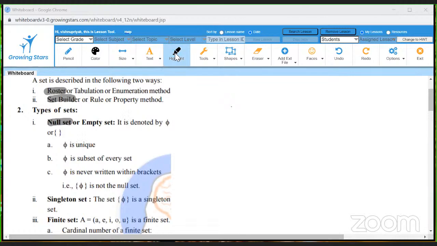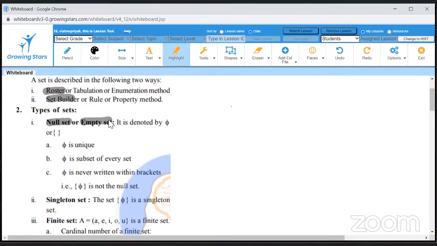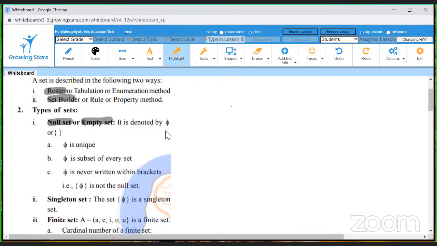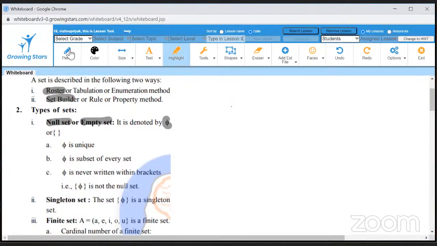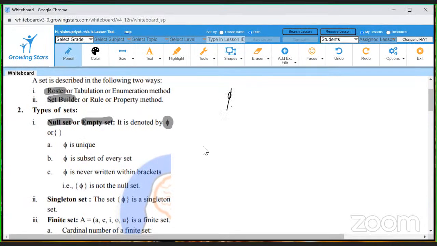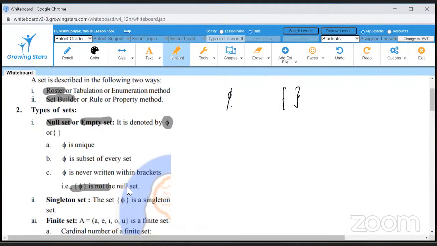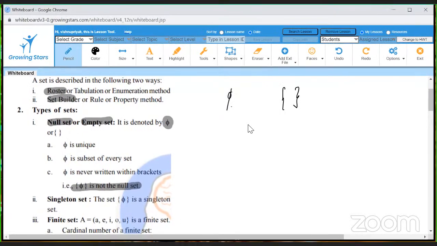Now, a null set or empty set is a set which is denoted by phi. So if I write phi, it is a null set or empty set. Or if I write like this, it is a null set or empty set. But this is not a null set, because in this set there is an element and that element is phi.